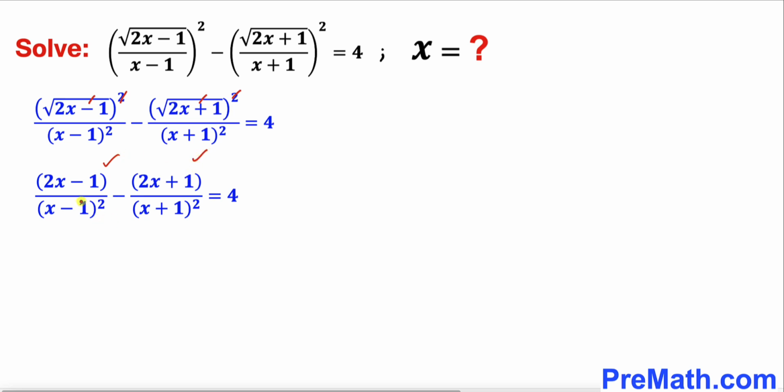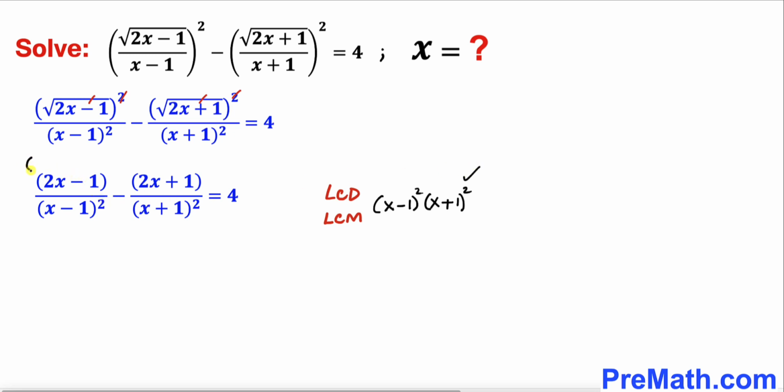So let's focus on these denominators, x minus 1 whole square and x plus 1 whole square. Therefore our least common denominator turns out to be x minus 1 whole square times x plus 1 whole square. Let's multiply this least common denominator across the board.